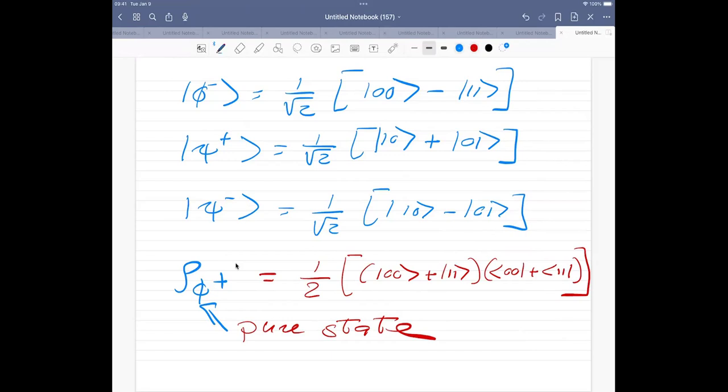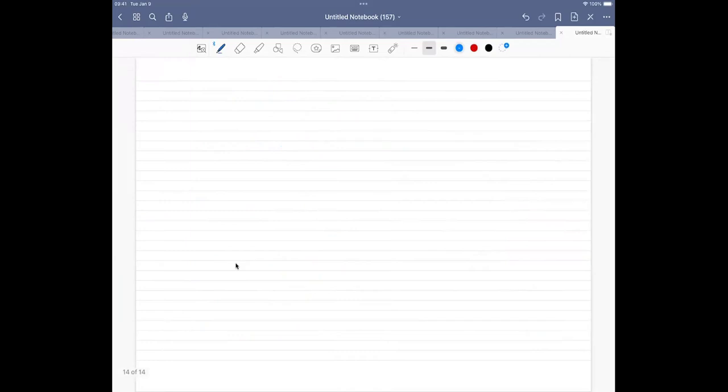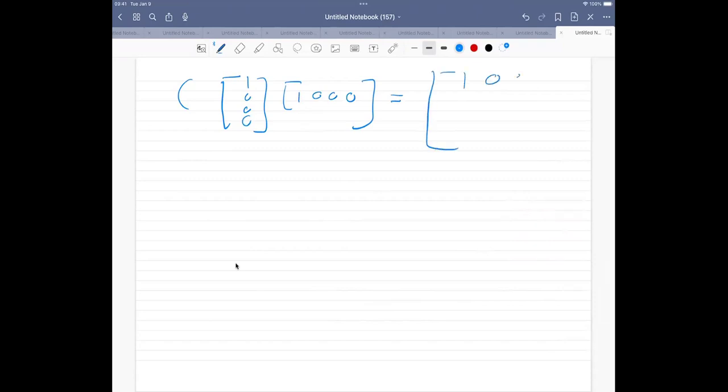And I hope you don't get offended if I just do one of them, because this is not very exciting. One of these outer products is just going to be this one, 1, 0, 0, 0, with 1, 0, 0, 0. So what I need to do now is simply to take all these outer products.